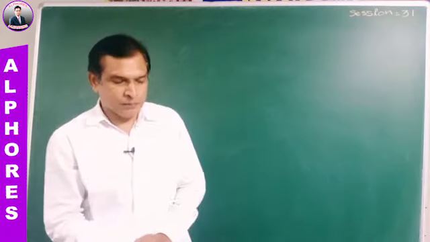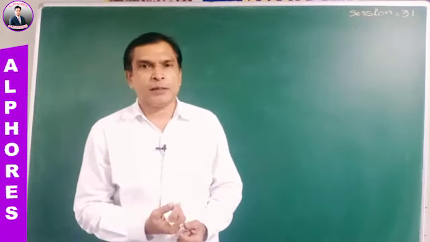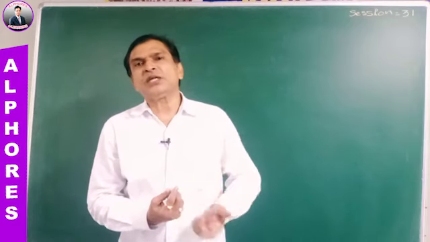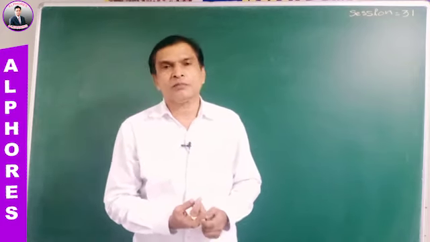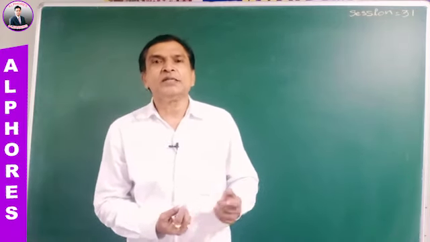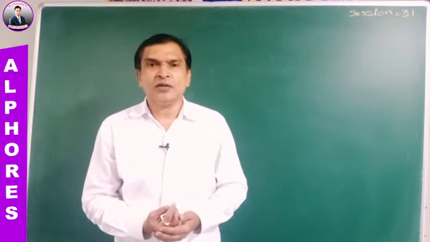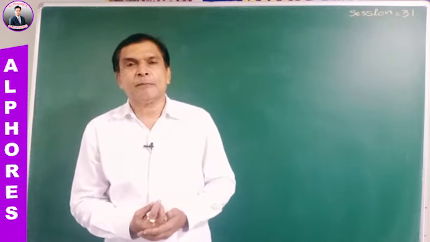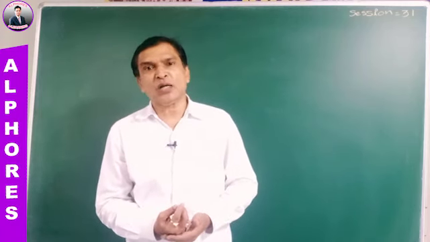Session 31. In this session, we are going to discuss some revision concepts of Schrödinger wave equation, quantum numbers, and shapes of the orbitals. In the last session, we completed shapes of s orbital, p orbital, and d orbitals.